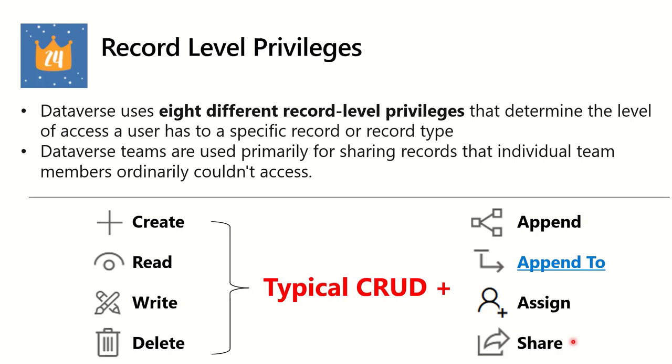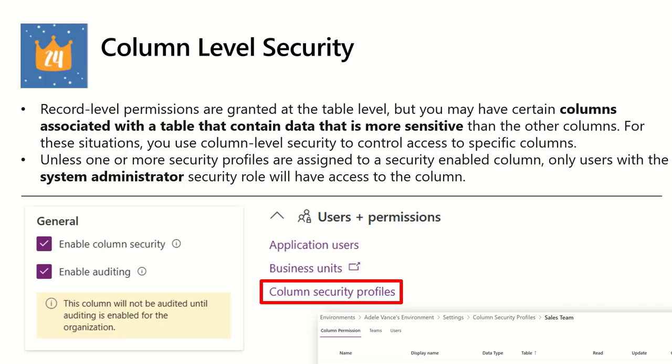So it's you adding that other person, not delegating to that other person. Okay? And so these are your record level privileges. So you can see just how granular it gets when you're thinking about Dataverse security. So the last thing I'm going to talk about is column level security before we go take a peek.